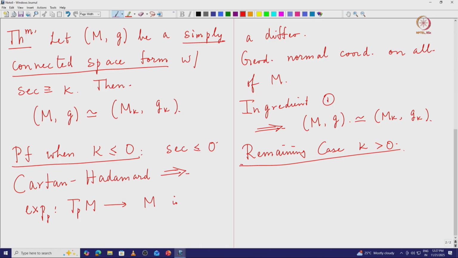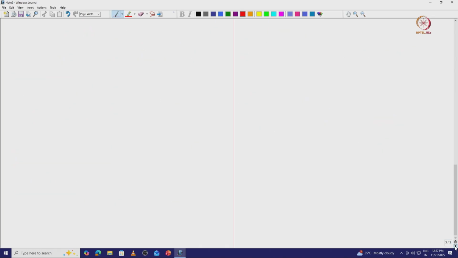For this we will need the following lemma. Let UG and VH be arbitrary Riemannian manifolds, they need not even be complete.